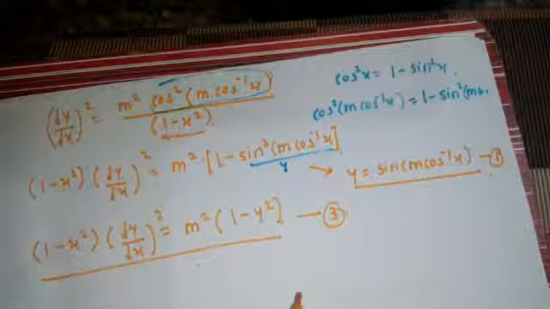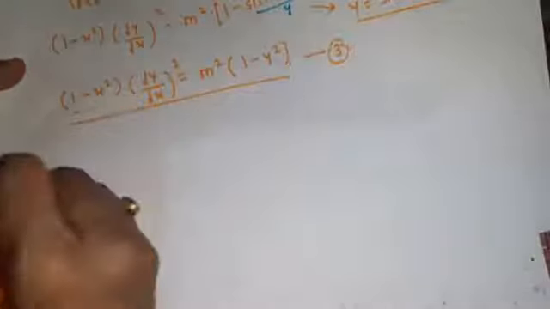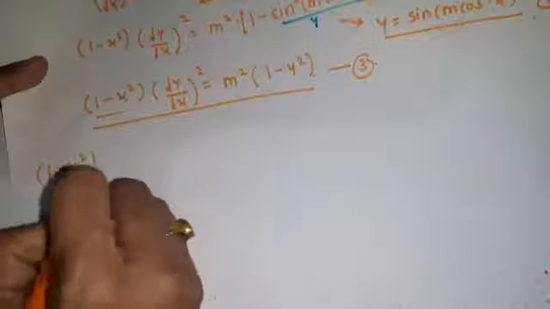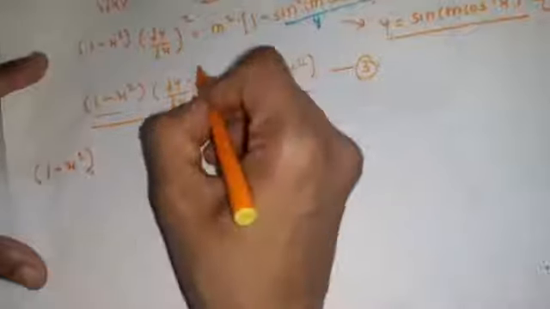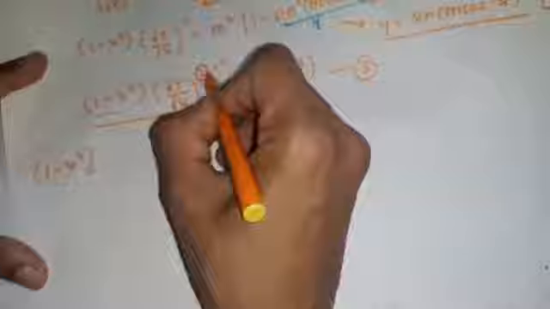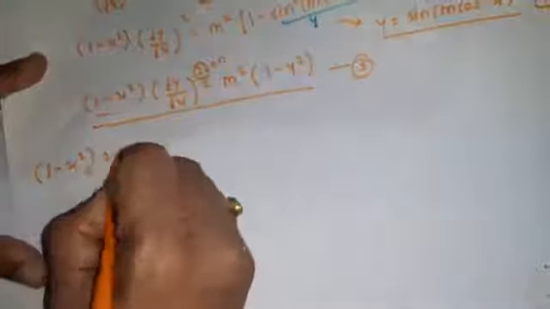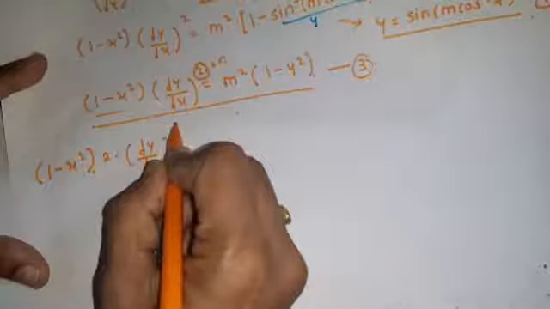Now differentiate this with respect to x, using the u into v rule. 1 minus x square is treated as a constant here. For the differentiation of dy by dx whole square, using the power function, the value of n is 2, so it is 2 into dy by dx raised to 2 minus 1, that is 1.